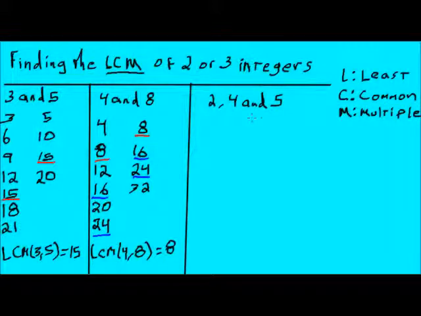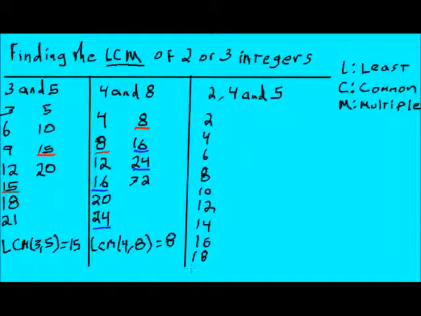So for 2, 4, and 5, because you can find an LCM for as many integers as you have to, same thing, just go through and list multiples. So for 2, you've got 2, 4, 6, 8, 10, 12, 14, 16, 18, still on. And let's go one more, 20. Okay?